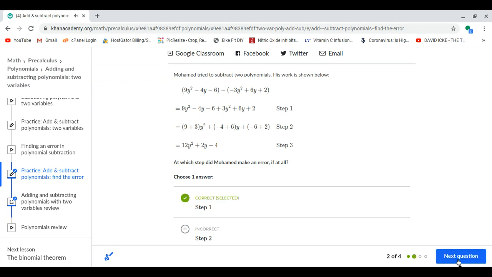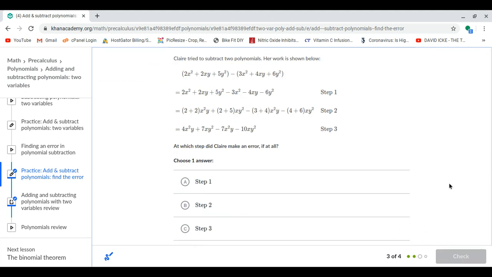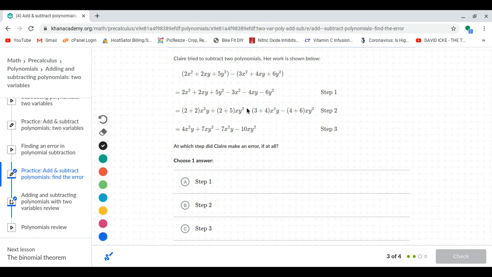Okay, let's take a look at the next one. All right, Claire is trying to subtract two polynomials. Her work is shown below. So she has the polynomial 2x squared plus 2xy plus 5y squared minus 3x squared plus 4xy plus 6y squared. So we're subtracting this polynomial here, and let me just underline it.